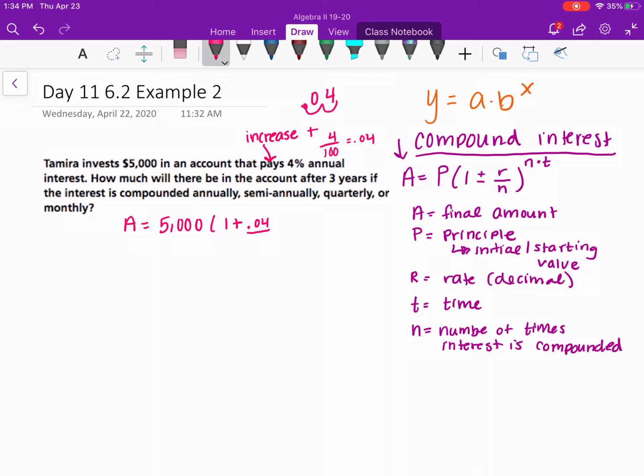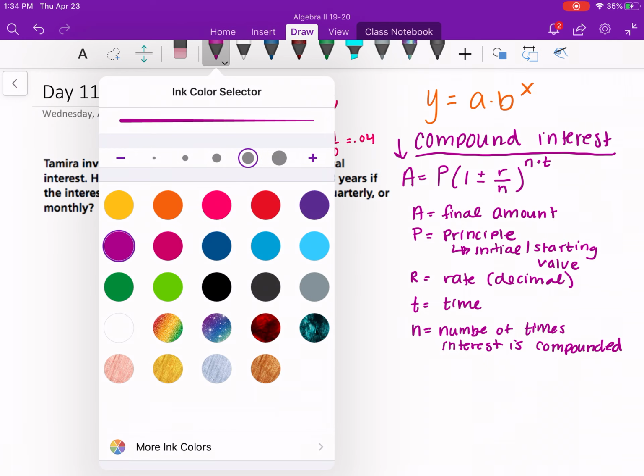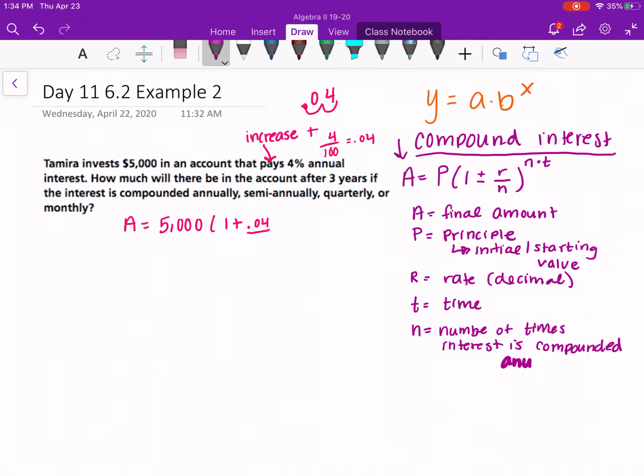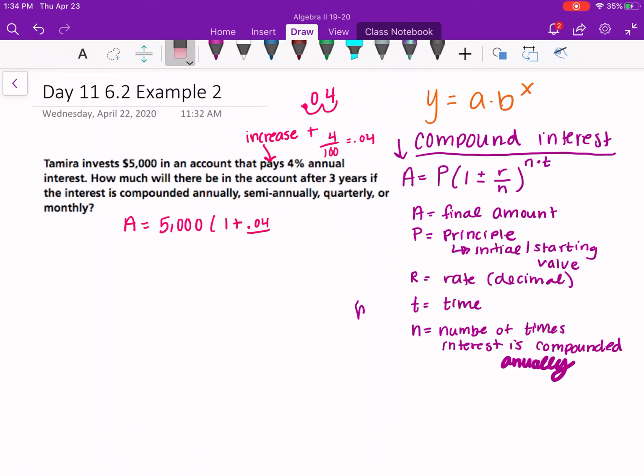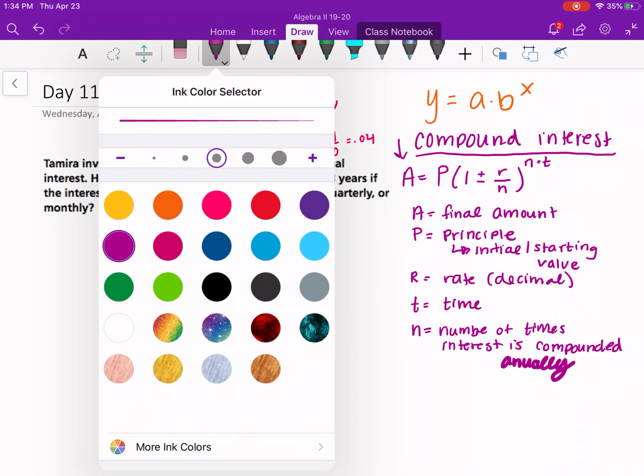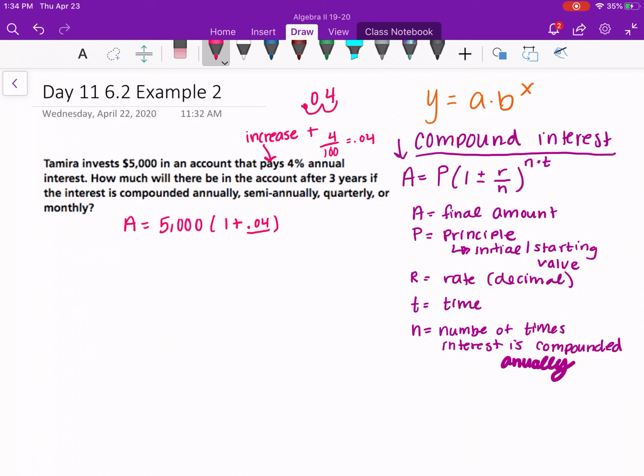I forgot to write that at the bottom. Sorry, guys. The number of times that the interest is compounded annually, I'm going to leave that for now. And then whatever that number is, we're going to multiply by the number of years, which is 3. So initial value, growth rate as a percentage, we changed it to a decimal, and the time.